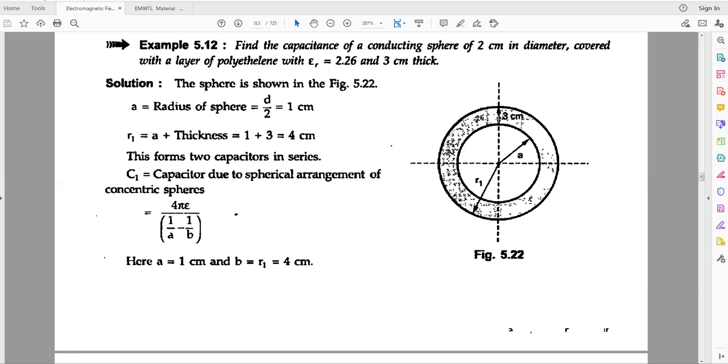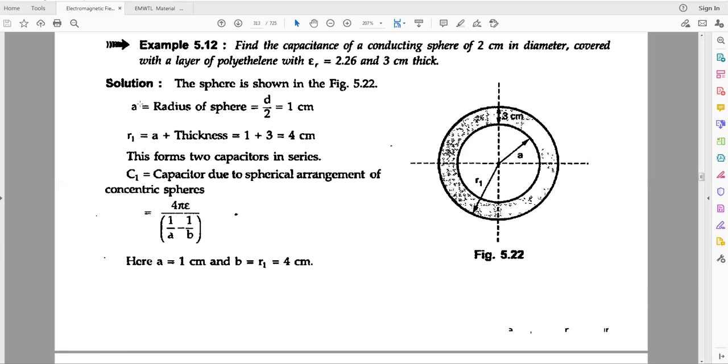The capacitance of a conducting sphere of 2 centimeters in diameter, covered with a layer of polyethylene 3 centimeters thick with epsilon r equal to 2.26, is to be found.